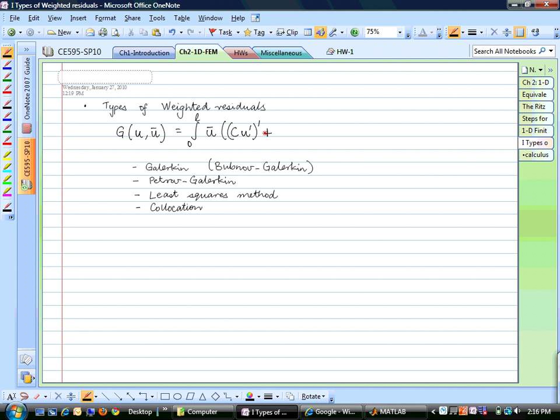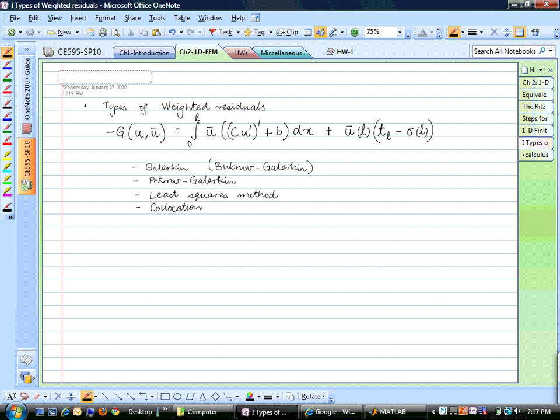The governing differential equation is nothing but div S plus B, and you can also add the boundary term if you want. This would actually be negative G as we have defined before, so just to be consistent, I'm multiplying it with a minus sign there: T at L minus sigma at L. So this was the weighted residual that we had defined earlier.